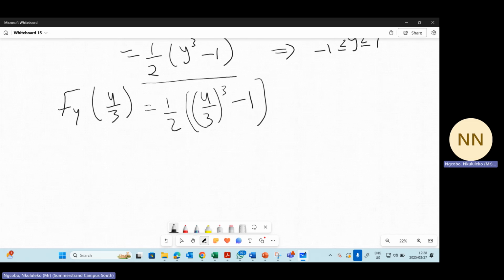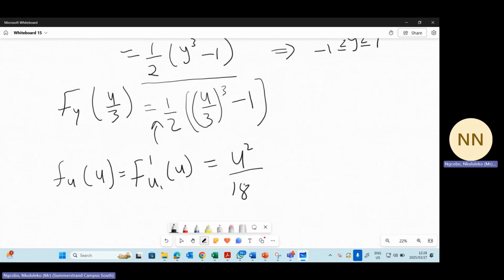So then f of u we know is just the derivative of this distribution function, which will also give you just u squared over 18 under the same interval -3 to 3, right?